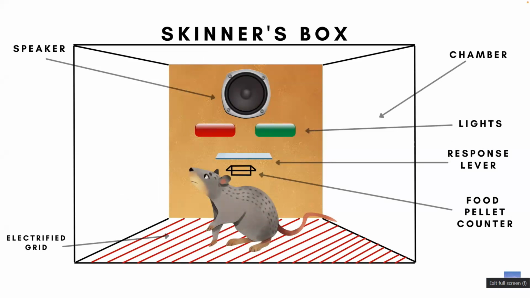Speakers and lights can be associated with certain behaviors as cues for rewards or punishments, and a recorder will account for the number of responses that the animal makes. Skinner performed many experiments with his operant conditioning chamber, the Skinner's box, in order to find evidence for his theory.